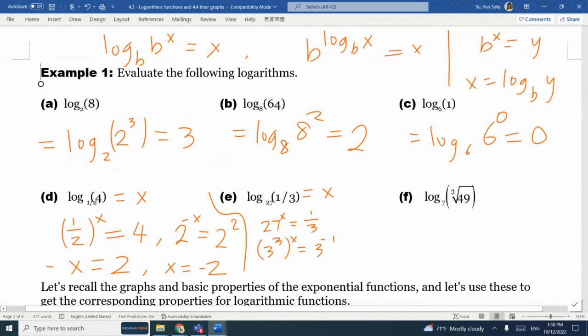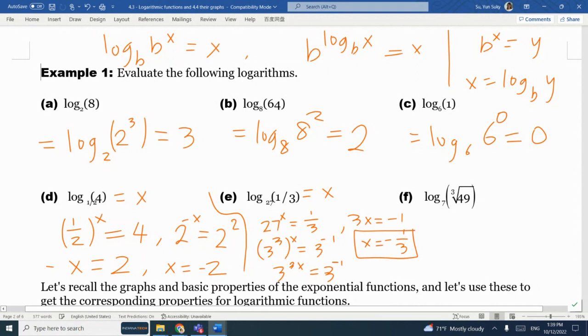And remember, we have the exponent rule: 3 cubed raised to the power of x, we can multiply the exponents. So that's why we get 3x equals -1. So x equals -1/3. Is that okay, everybody?